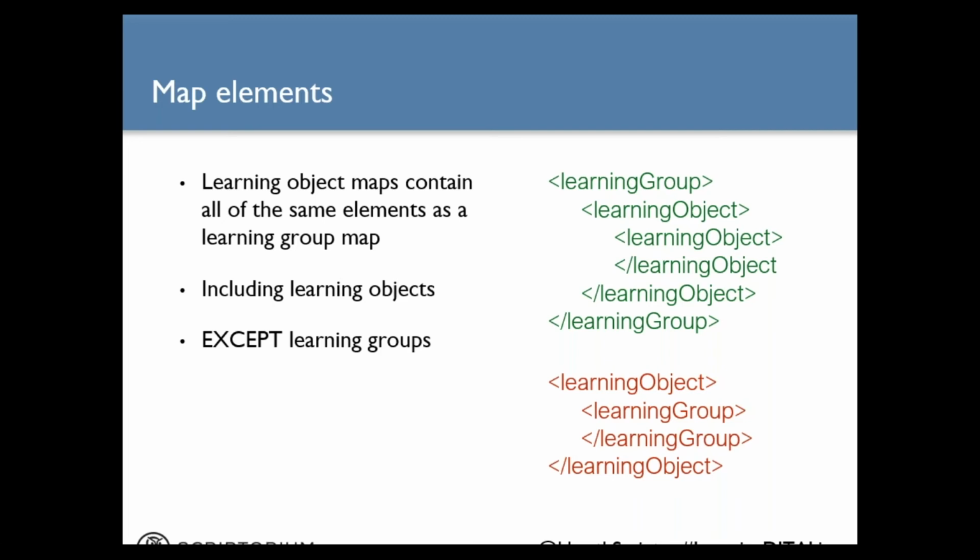But for the most part, you can use these however you want. Learning groups can contain learning objects, and as you can see here, learning objects can contain other learning objects. You can keep doing this indefinitely. Maybe you don't even want to use learning groups, and you're only using learning objects. You can design this however you need to make it work for you. But learning objects do not contain learning groups, there in the red.